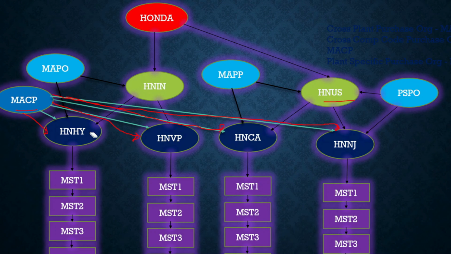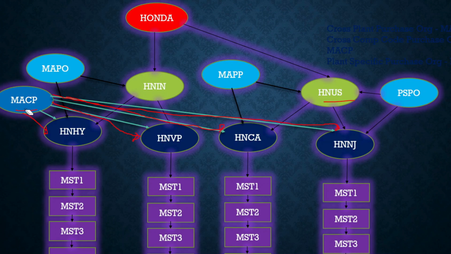The reason is, you can see this purchase organization is assigned with this plant, this plant. Both plants belong to one company code, and at the same time this is also assigned with this plant and this plant, but these two plants belong to another company code, HNUS.